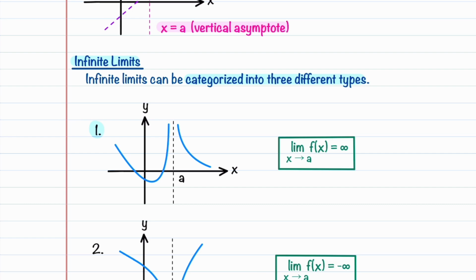The function in this first graph has a limit that approaches infinity from the left and from the right. Since our function approaches infinity from the left-hand side and the right-hand side of a, we can say that the limit of f of x as x approaches a is equal to infinity.